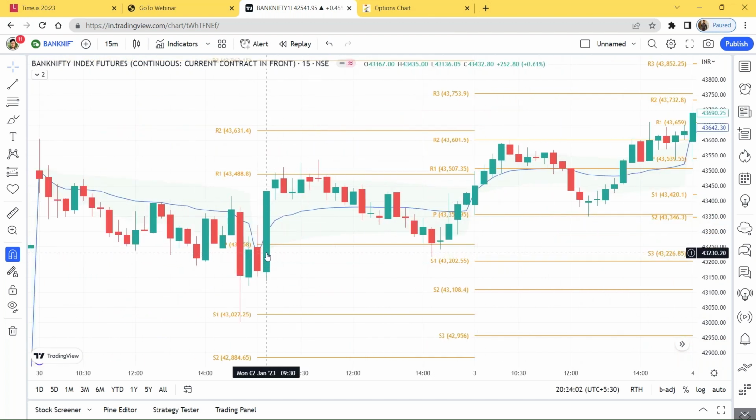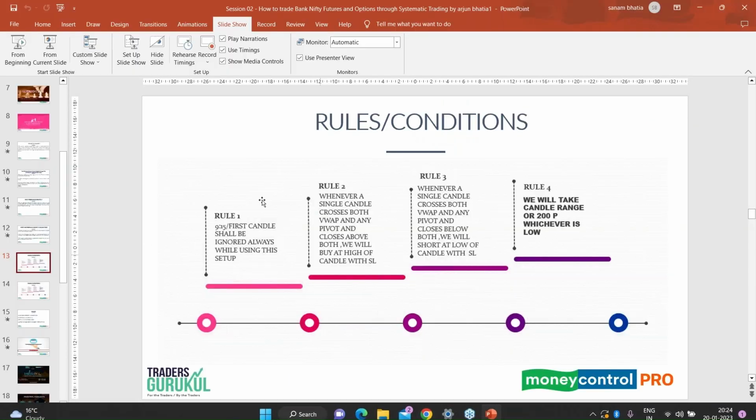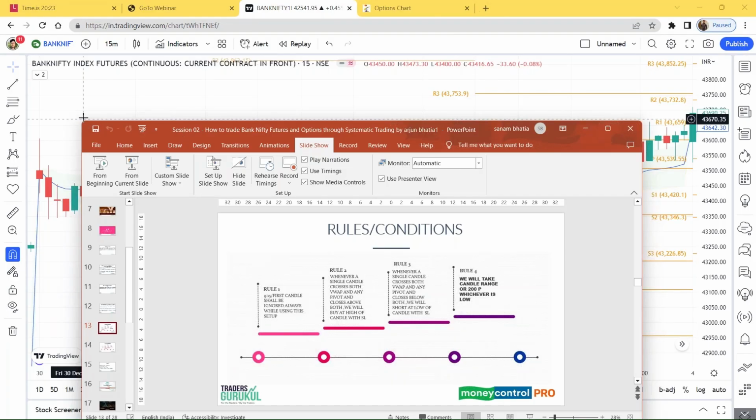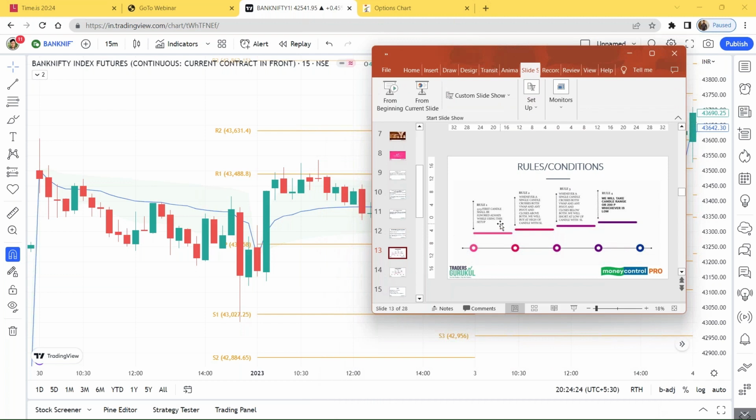You can see this 9:30 candle on 2nd January. I am just giving you an example. So just read this. What does this say?